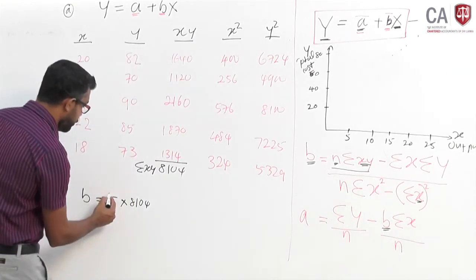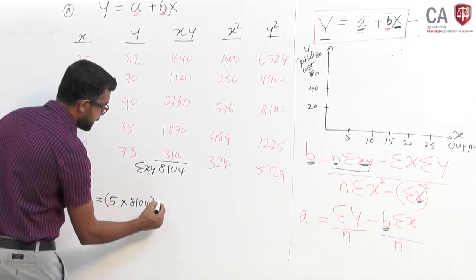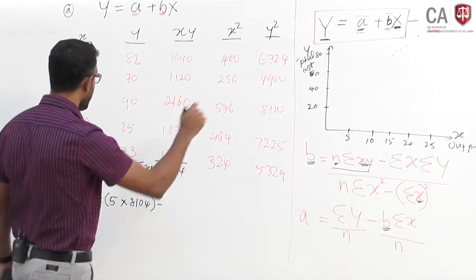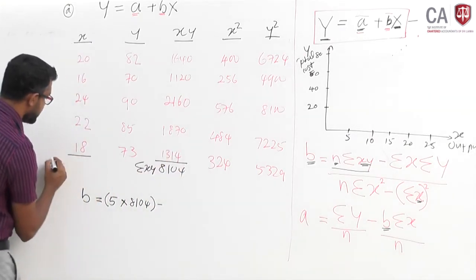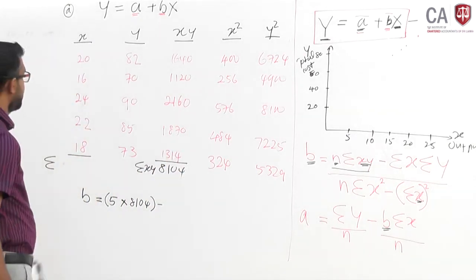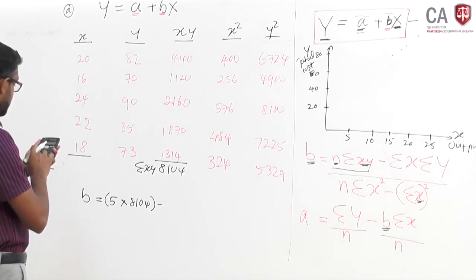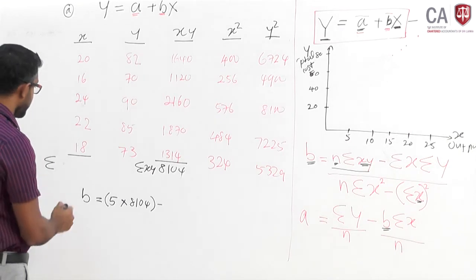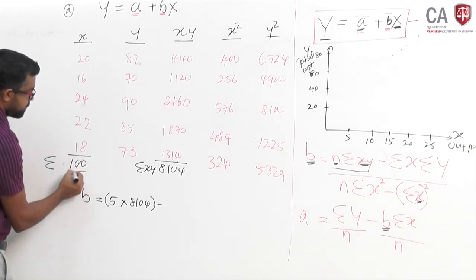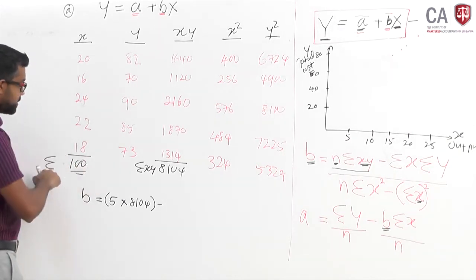Then from that you have to deduct the sum of x into the sum of y. Sum of x, which means this. Sum of x is 100.